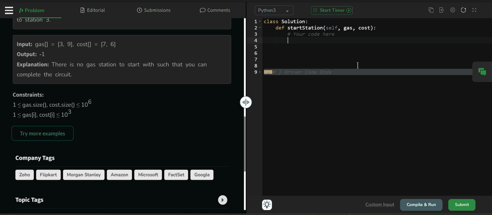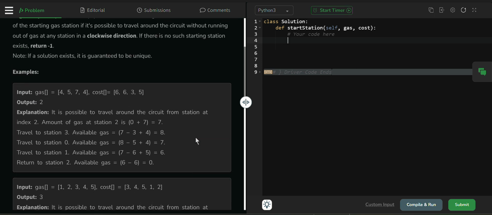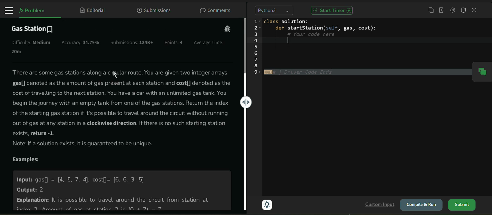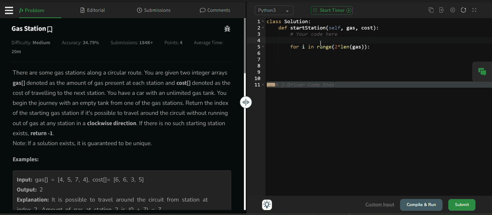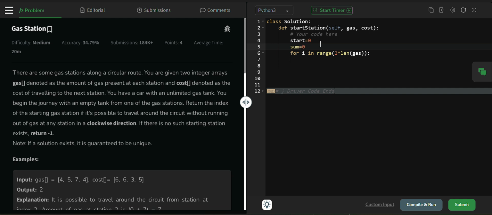For this question, since we are given a circular route, we can traverse from 0 to 2 times the length. I have created two variables, start and sum.